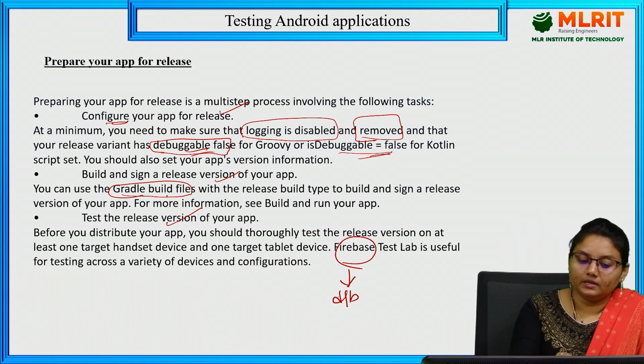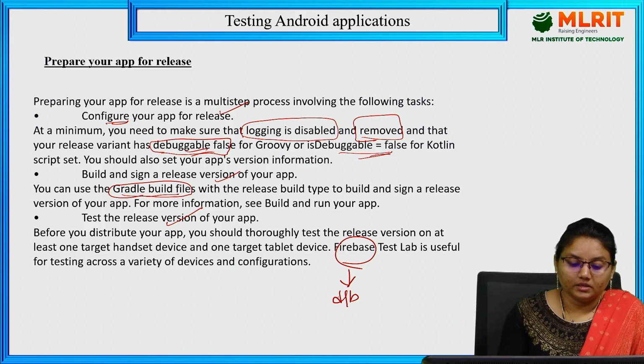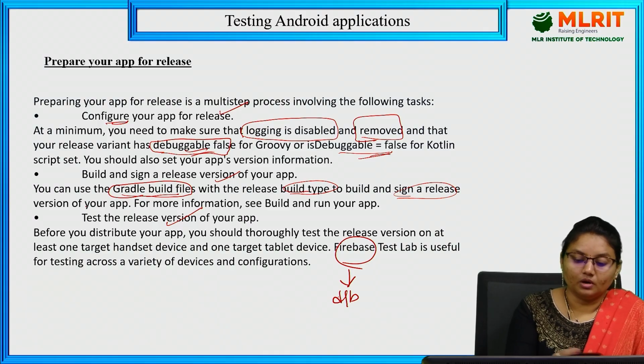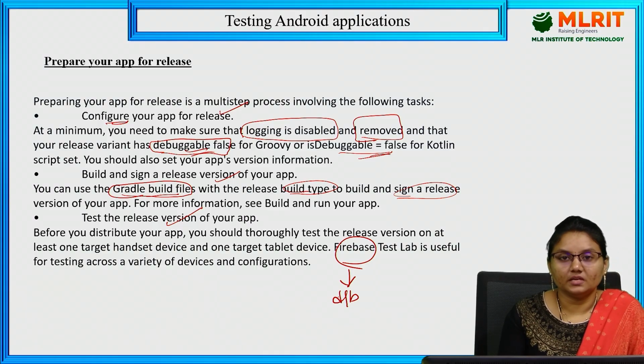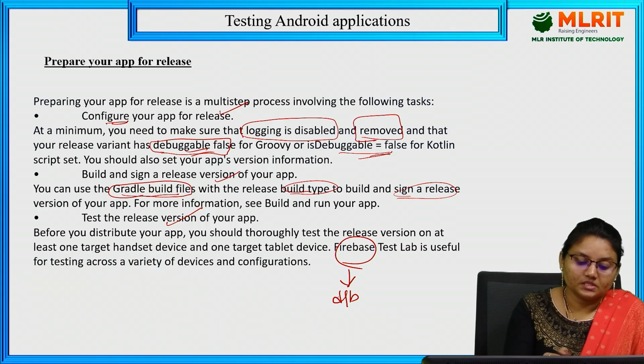Click on it, and it will show what is defined: the release build type to build or sign a release version. All that will be set there. The values that are set, you can go there, double click on it, and test the release version.